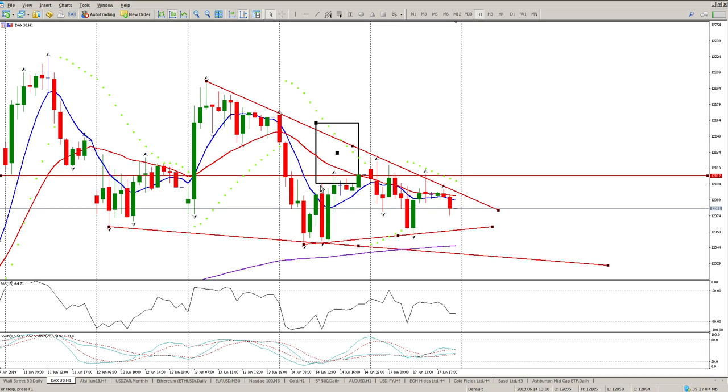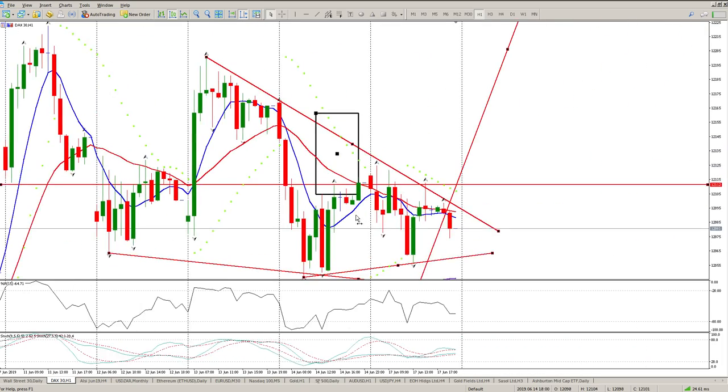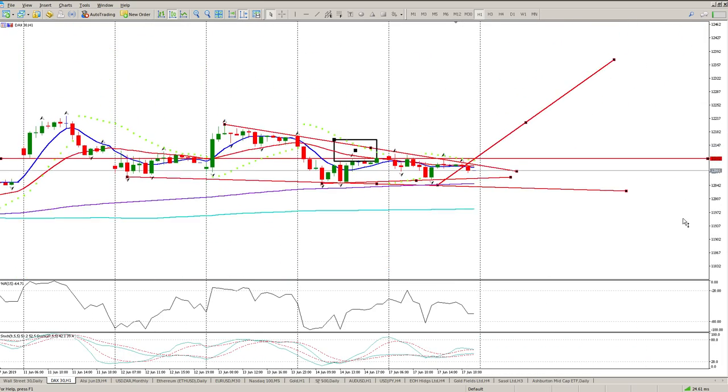But if this plays out now, then I suspect this wedge will play out, and it'll be from here to there. That would be our next move up.